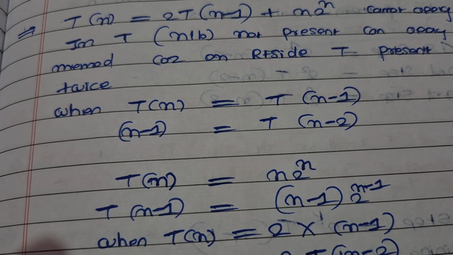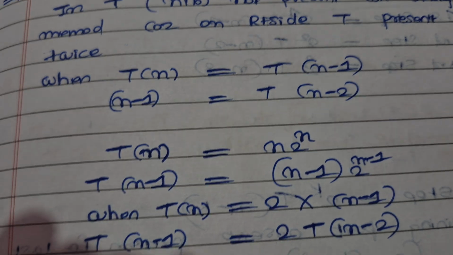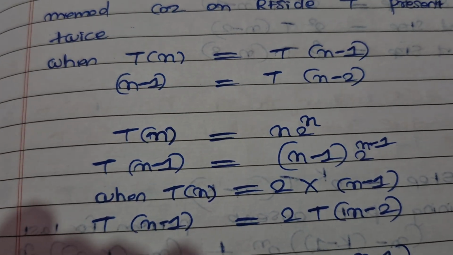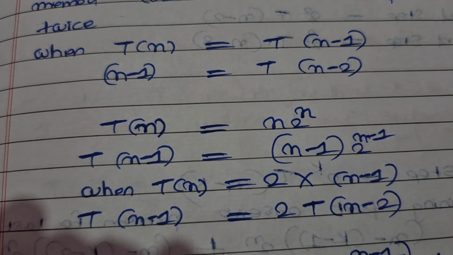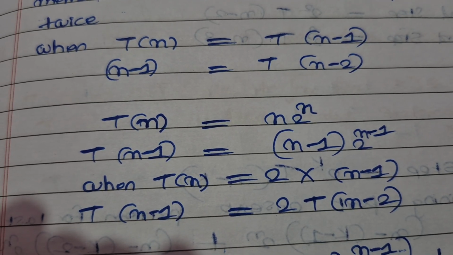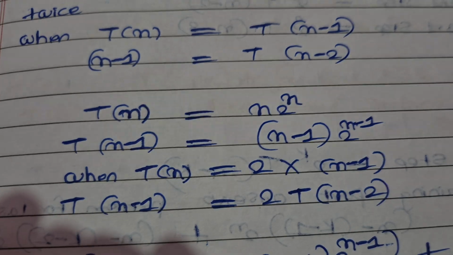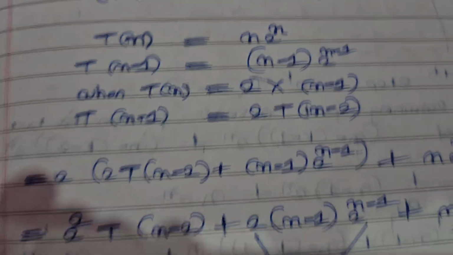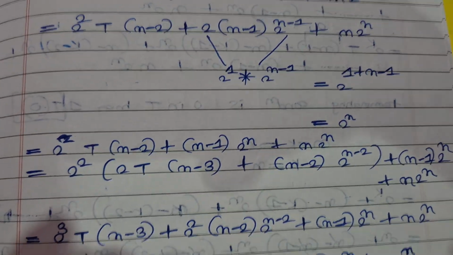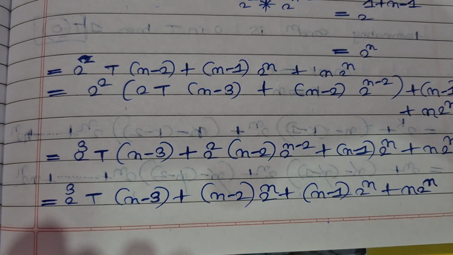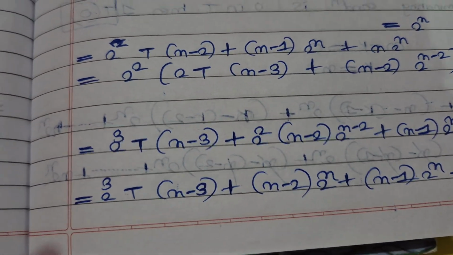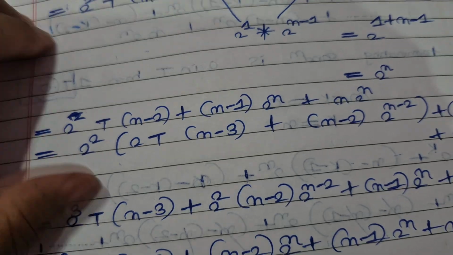It's very easy. I've solved a lot of examples till now, so I get this pattern. T of n equals n times 2 to the power n, T of n minus 1 is n minus 1 times 2 raised to n minus 1. This is the pattern, and then you'll get some series of AP, GP, or sum of natural numbers. You can see the power of 2 is increasing here.